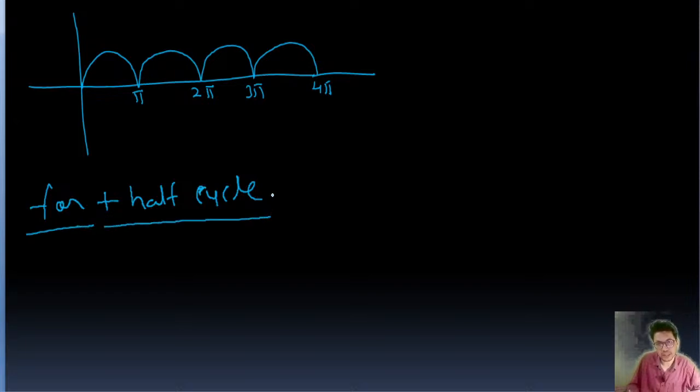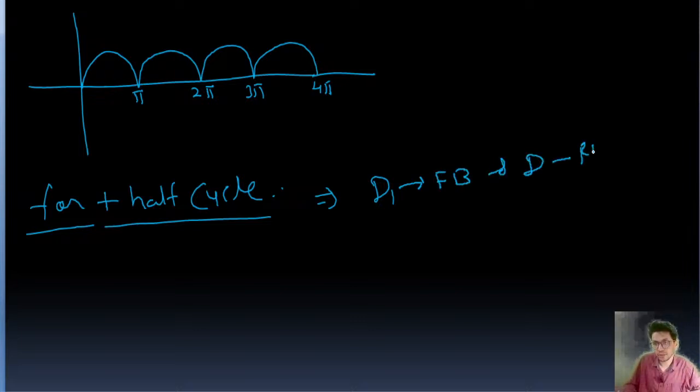If we talk about the positive half cycle, diode D1 is forward biased and D2 is reverse biased.